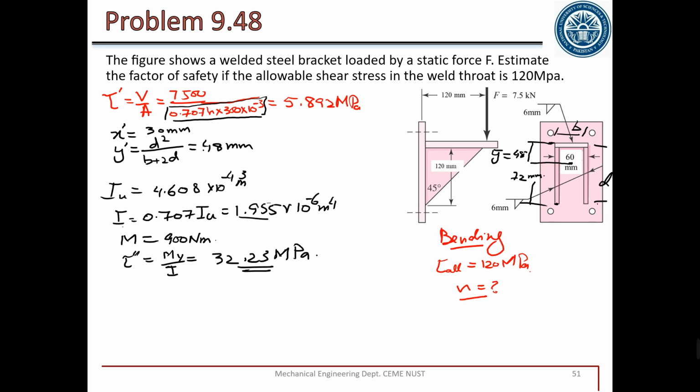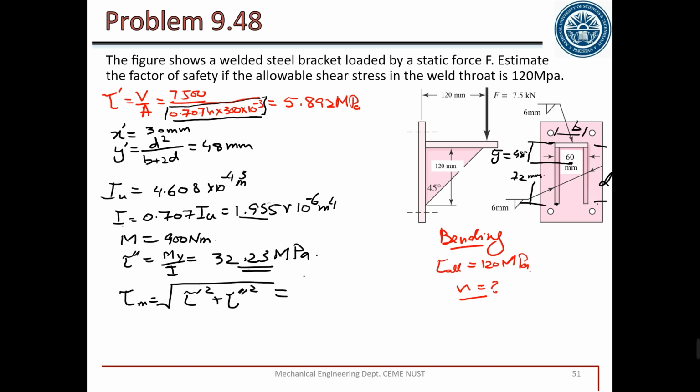But in this case, we have only primary and tertiary. So to calculate tau max, we only need to consider that primary is uniformly distributed everywhere and tertiary is maximum here. So the maximum resultant will be at this end or this end. So tau max is equal to the square root of tau prime square plus tau triple prime square.